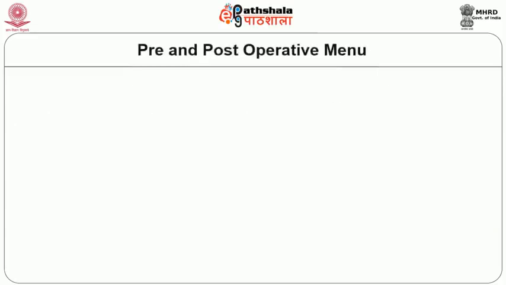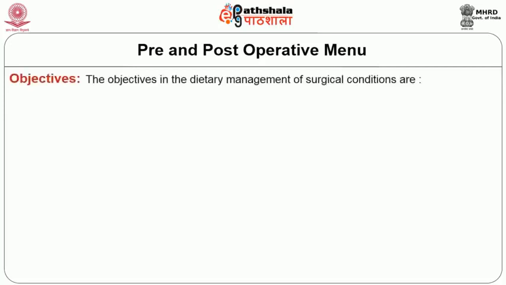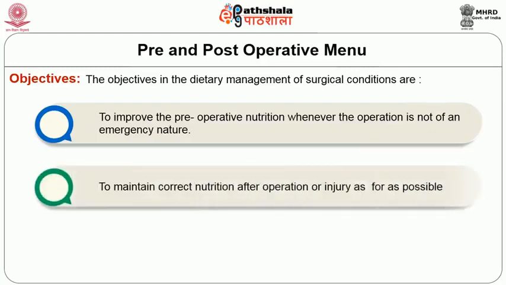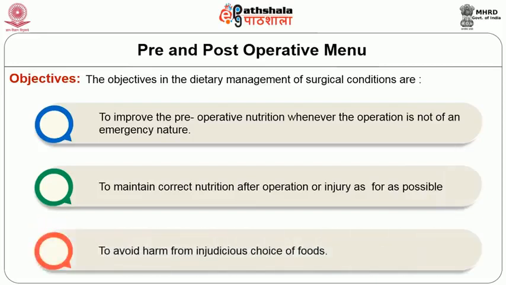Here we have pre and post operative diets. The objective of the pre-operative diet is to improve the pre-operative condition whenever the operation is not of an emergency nature, and also to maintain or correct nutritional deficiencies before operation or injury as far as possible, and to avoid harm from injudicious choice of foods.